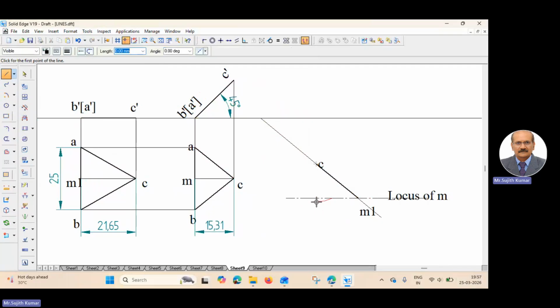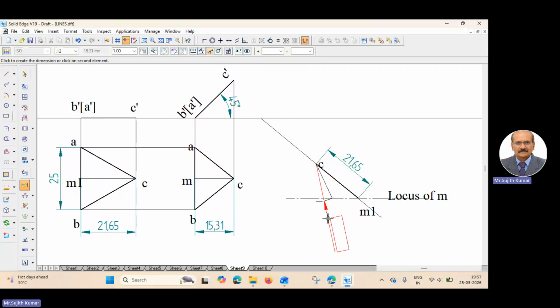Move the cursor on the tip of the arc, you get the endpoint symbol. Click there and move on this line with the endpoint symbol. This line is 15.31 and this arc radius is 15.31. Next, go to the extend to next command.